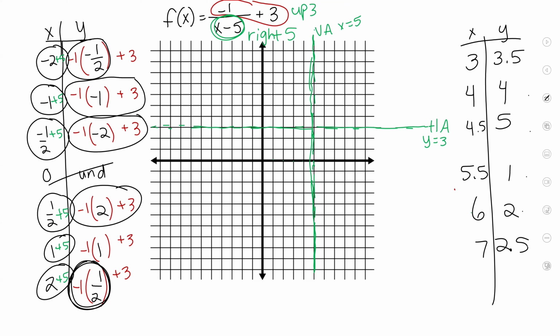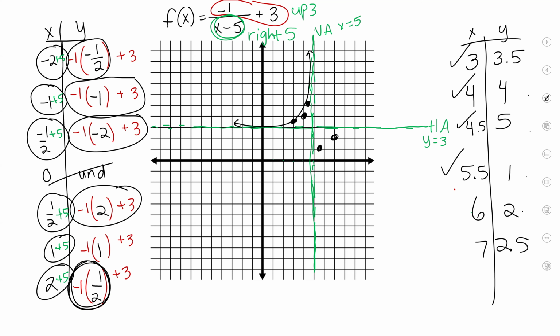All right, so 3 and 3.5. So that is 3, 3.5. That's right here. So I did that one. 4, 4. That's right here. And 4.5, 5 right here. So I can go ahead and graph this side. Next, 5.5, 1. That's right here. 6, 2.